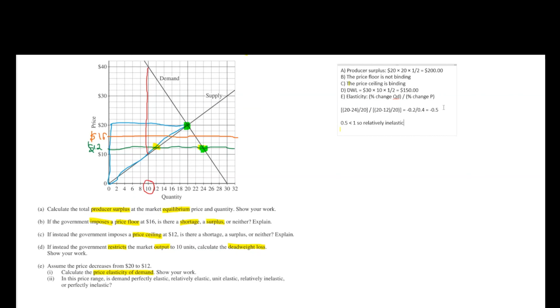So to conclude here, we can see that the use of vocabulary in this kind of question is very specific to microeconomics. You may know some of these words from your other classes, words like elasticity, ceiling, shortage, surplus, floor even.